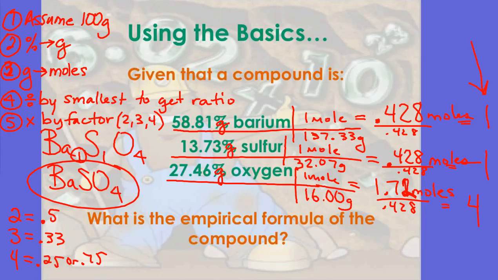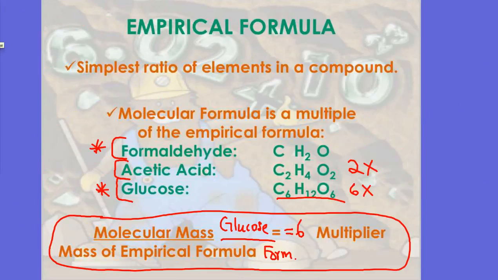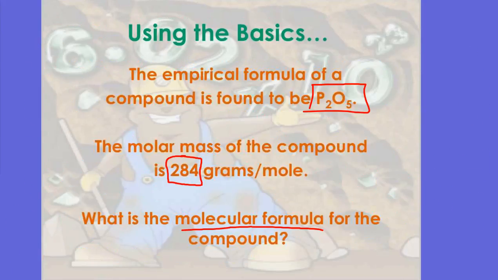We have to go back to this multiplier stuff. The molecular mass divided by the empirical mass gives me my multiplier. Molecular mass divided by empirical mass equals multiplier.